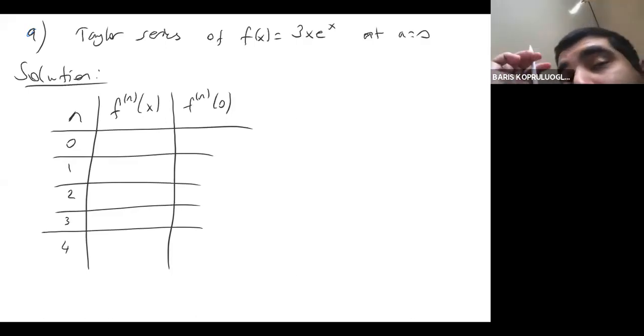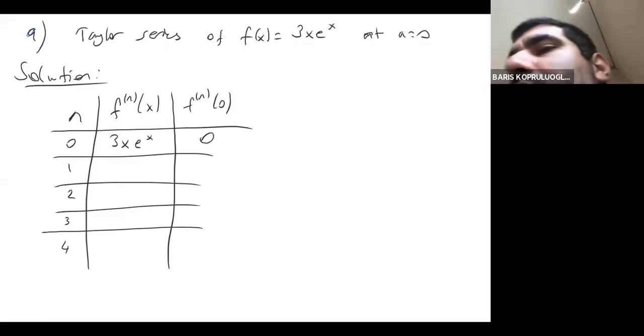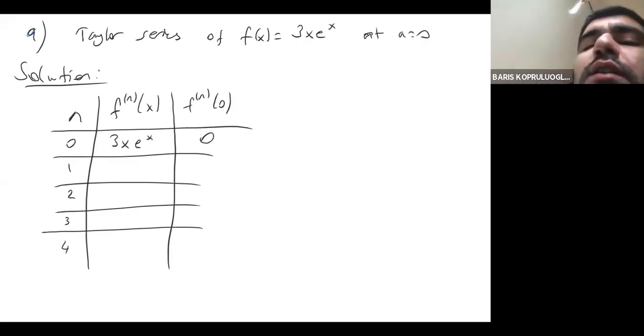So maybe we won't need the last one. Let's see if the first term is non-zero, then we won't need the term when n is 4. So 3x times e to the power of x, if you plug in 0, I think it will be 0. So it means we will need the term when n is 4. What is the derivative of 3x times e to the power of x? Some of you messed up with the derivative. You have to do a product rule.